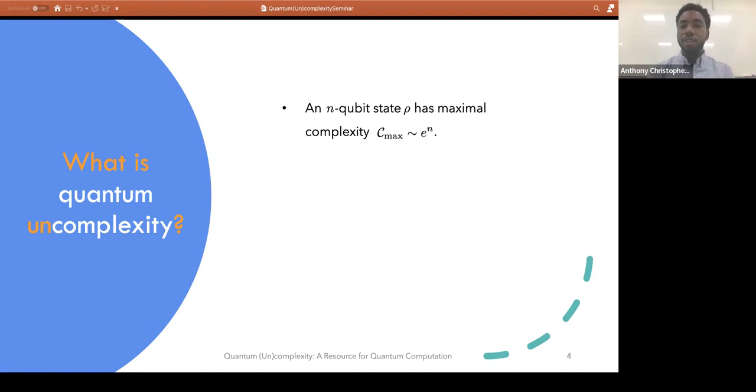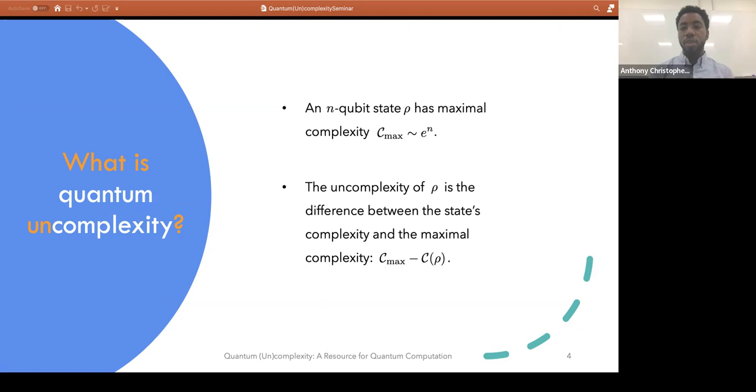Again, I can give you the reference later. By a simple counting argument, we actually see that every n-qubit state has a maximal complexity. So the maximal complexity goes like e to the n, where n is the number of qubits. And so once we have a maximal complexity, we can actually talk about a lack of complexity. So the uncomplexity of the state rho is the difference between the state's complexity and its maximal complexity.